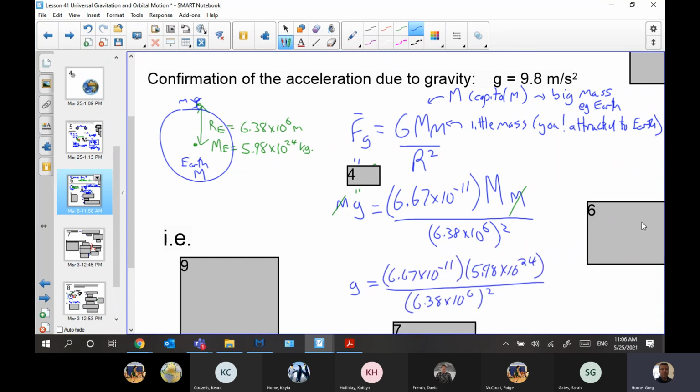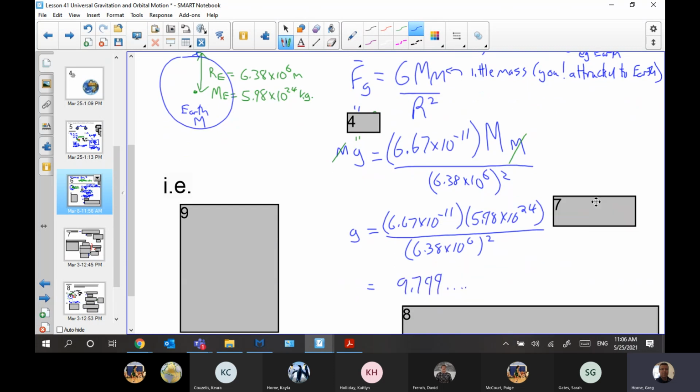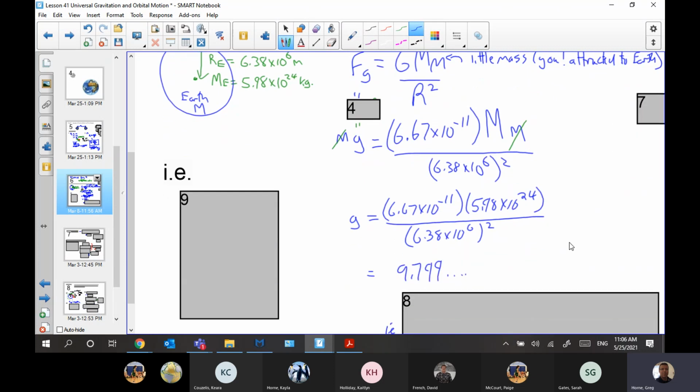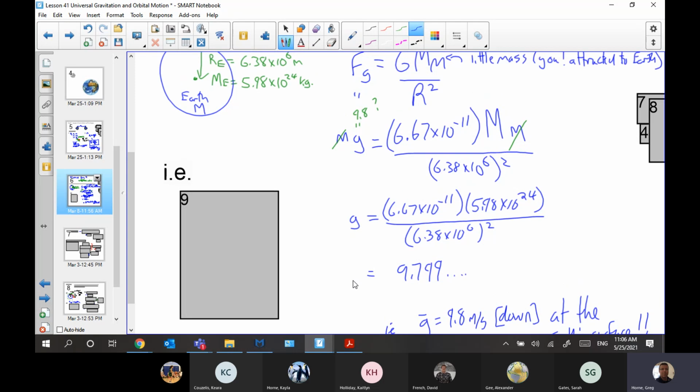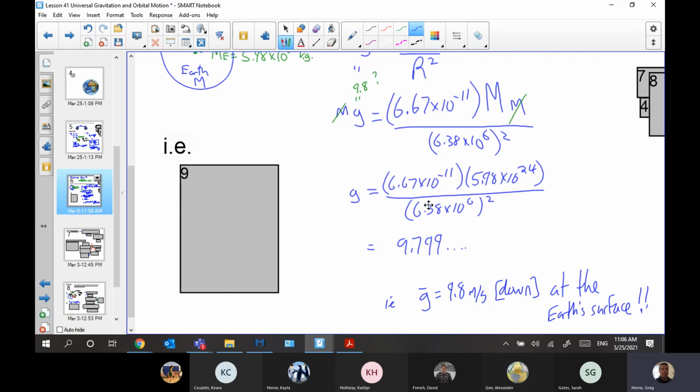And if you do the numbers there, it works out to be 9.799. And so that's your 9.8 number. So that's where the 9.8 comes from. It's really the universal gravitational constant times the mass of the Earth divided by the radius squared. And at the Earth's surface, the radius squared is just the radius of the Earth squared. So you get your 9.8.